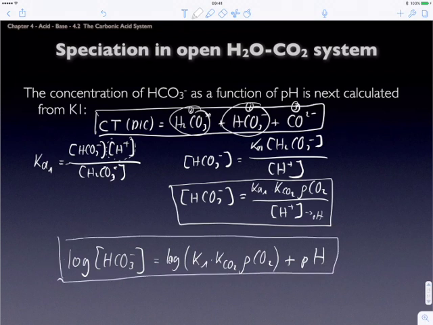Here we go. This is plus the pH because when you take the log, pH is minus the log of it. So this is how you can write the concentration of bicarbonate as a function of the pH.